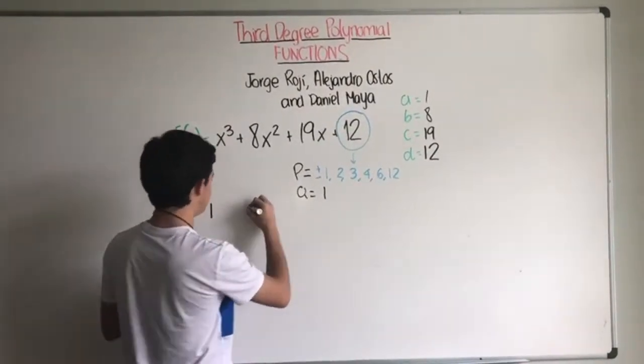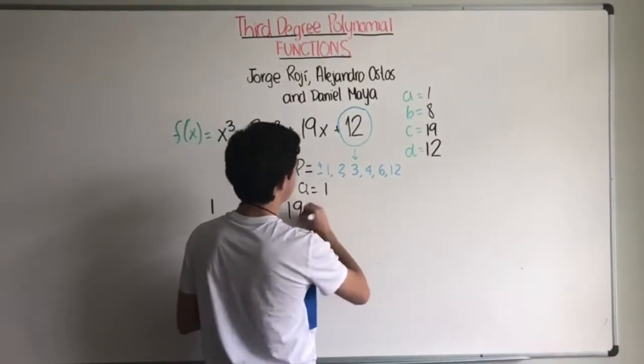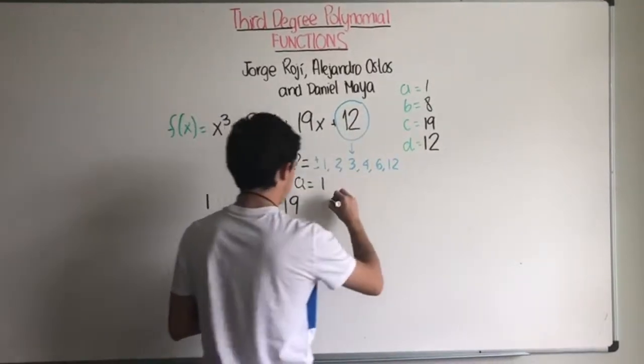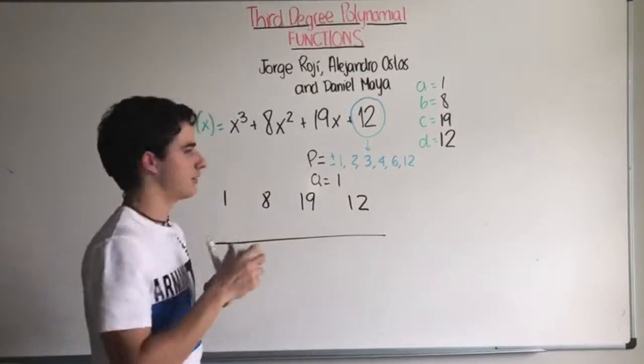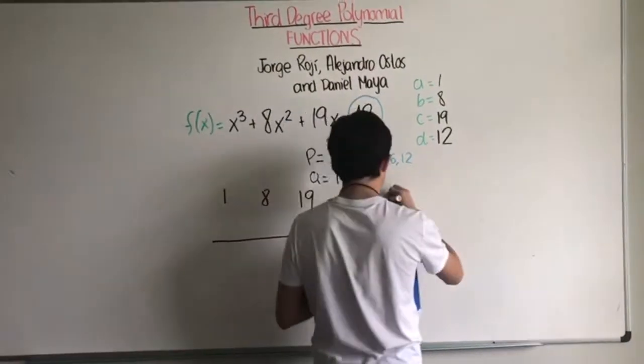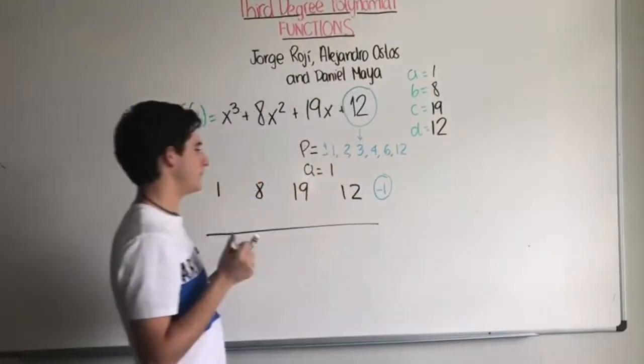To solve the synthetic division, you need to put the values a, b, c, and d first, and the value of p that you're trying, which in this case is -1.